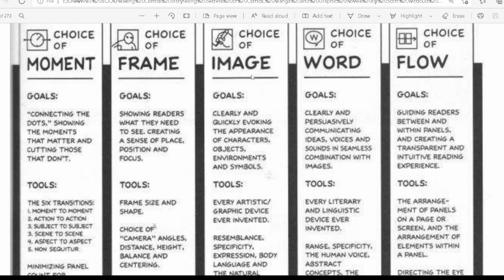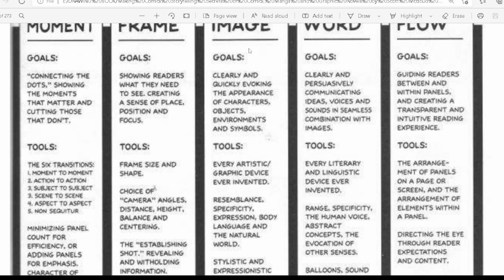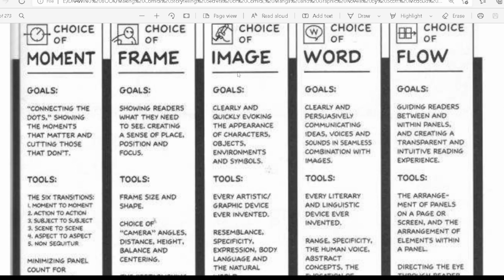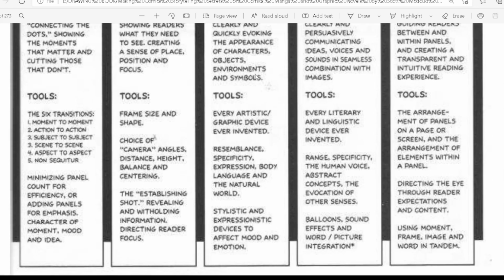After making lots of effort and practice, that will help you to choose a good image. Goals: clearly and quickly evoking the appearance of characters, objects, environments, and symbols. Whenever you are making a comic strip, you will have a word, and you're going to make a drawing, and then you will connect it with the word.